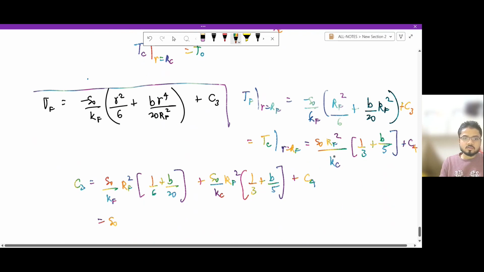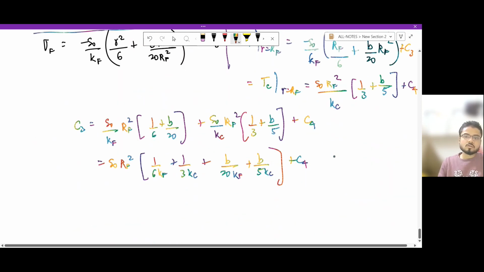And this thing becomes, take RF squared as common, so you've got 1 by 6 KF plus 1 by 3 KC plus B by 20 KF plus B by 5 KC plus C4. So let's keep it like that. C3 is equal to this.